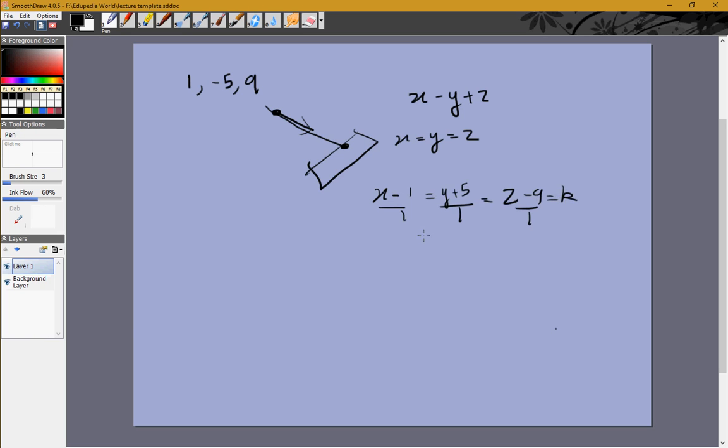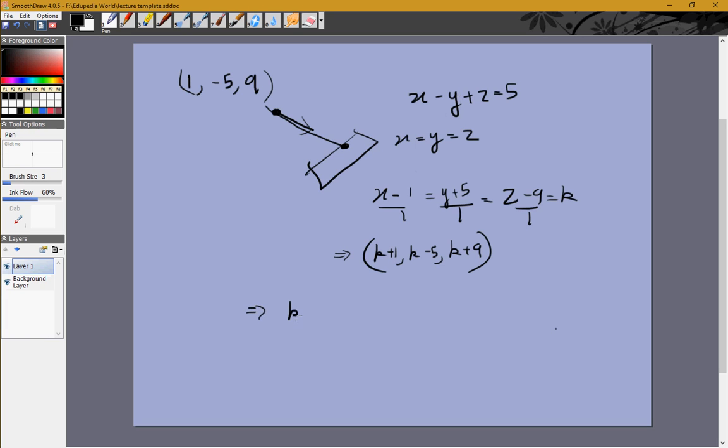Let's say it's equal to k, which means a point on this line can be represented as (k plus 1, k minus 5, k plus 9). So this is any random point on this line. This is the point (1, -5, 9), and we need the point where this line intersects with x minus y plus z is equal to 5. I didn't write that.